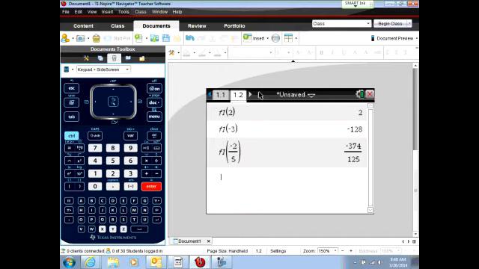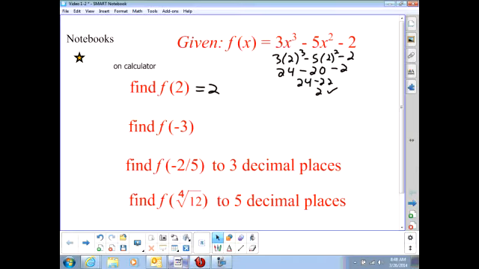Now, the particular directions for this one said to 3 decimal places, so to the nearest thousandth. Currently, we have it as a fraction.